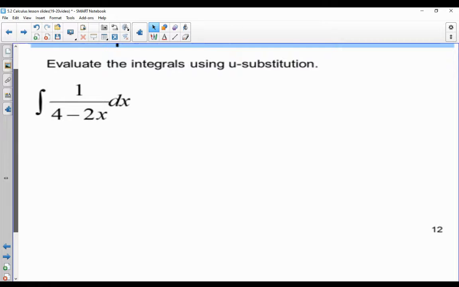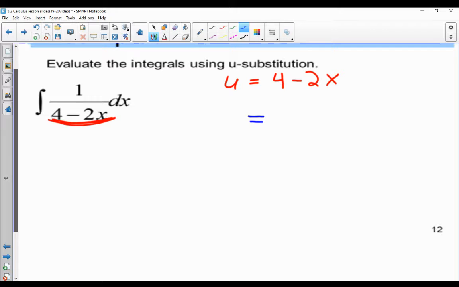Now, what I want to be u is the bottom. For these examples, always make the bottom part the u. So u will be 4 minus 2x. Now derive the right side and the left side. If you derive the right side, again, the derivative of 4 is 0.